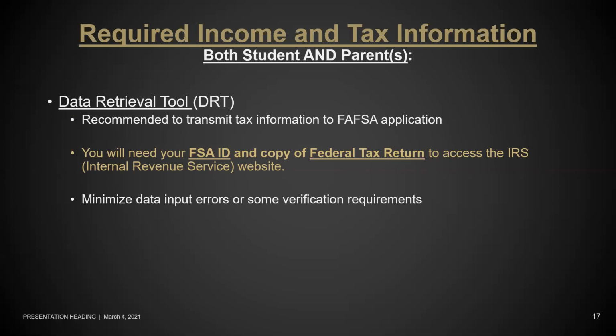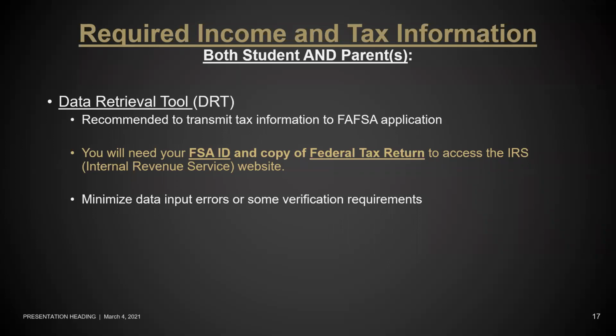But to be able to access the data retrieval tool, you have to have an FSA ID username and password and have a copy of your federal tax return in front of you, because once you start that process, it will pre-populate some information. And again, the student and the parent can do theirs separately. You would have to do it separately.